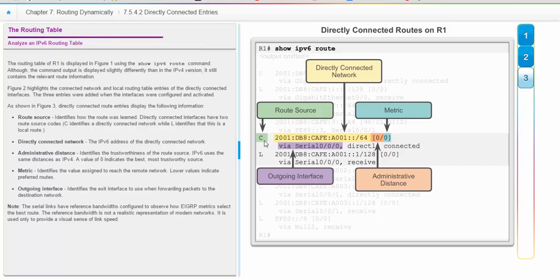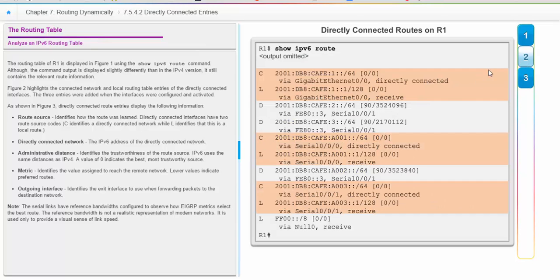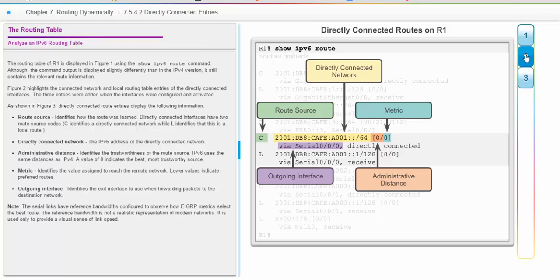So you have your route source, your outgoing interface. Here is the directly connected network. You have your administrative distance and your metric. Okay, so our source, the directly connected network, the administrative distance, the metric, and the outgoing interface.